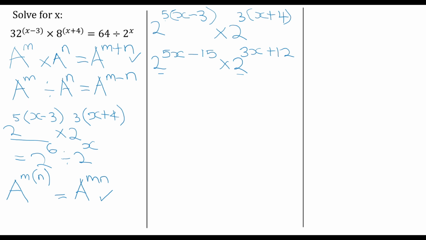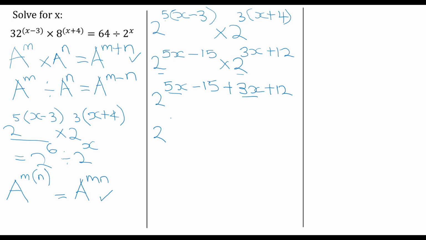We sum the indices. In this particular case, what we have is 2^(5x-15+3x+12). So like terms together, you have 5x and 3x.